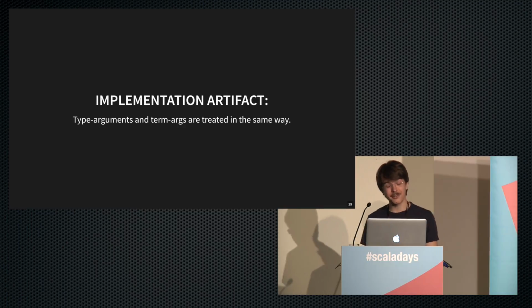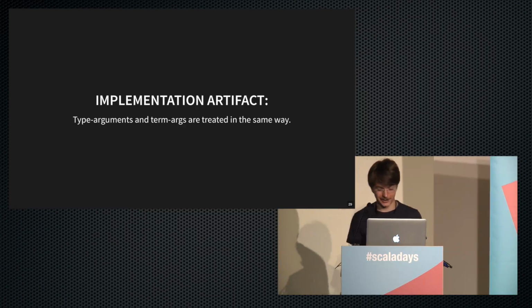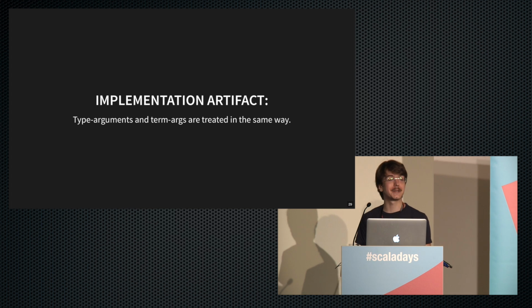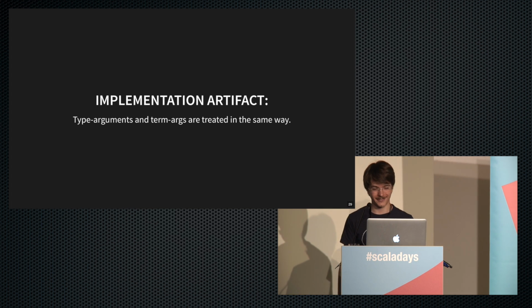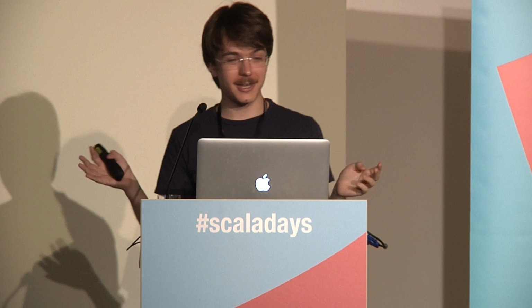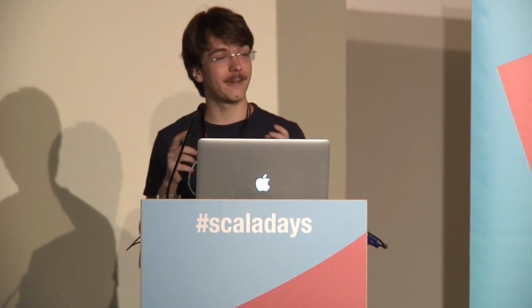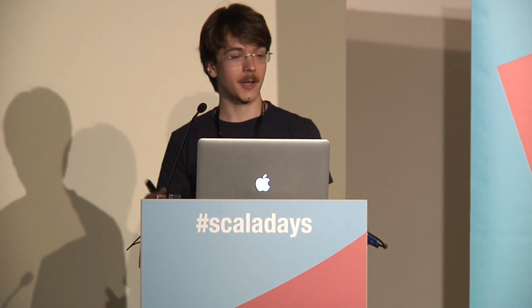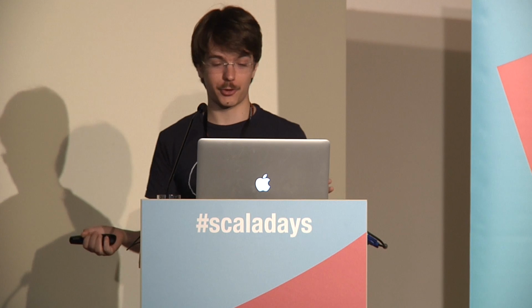So there is a funny implementation artifact that was discovered quite late, but it was awesome. Type arguments and term arguments, like normal arguments that you pass to methods, are treated in the very same way in the implementation and the analysis. There is no distinction between types and terms.